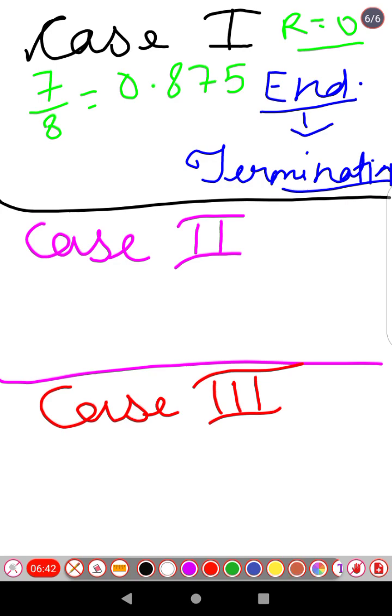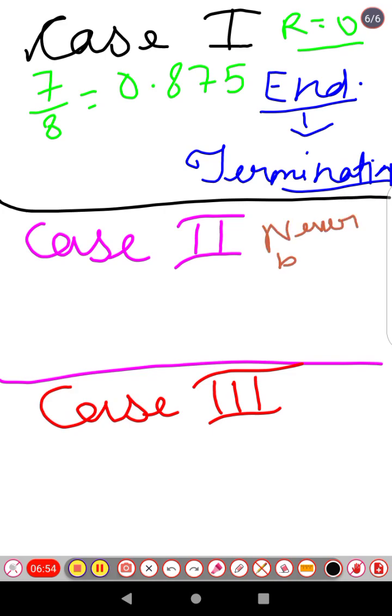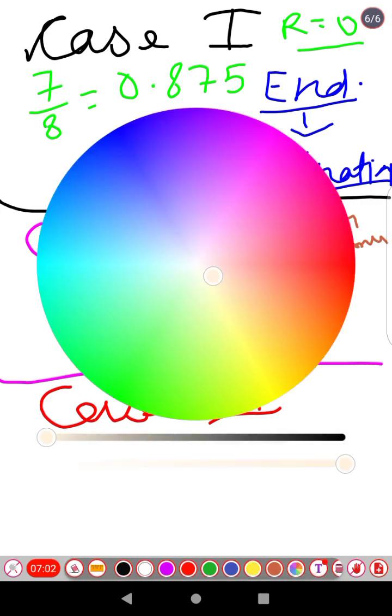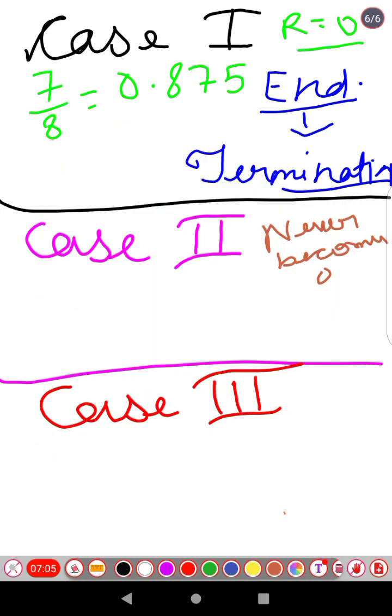Then the second case we are having is that the remainder never becomes 0. So what can we say here is it is endless. It is not ending.